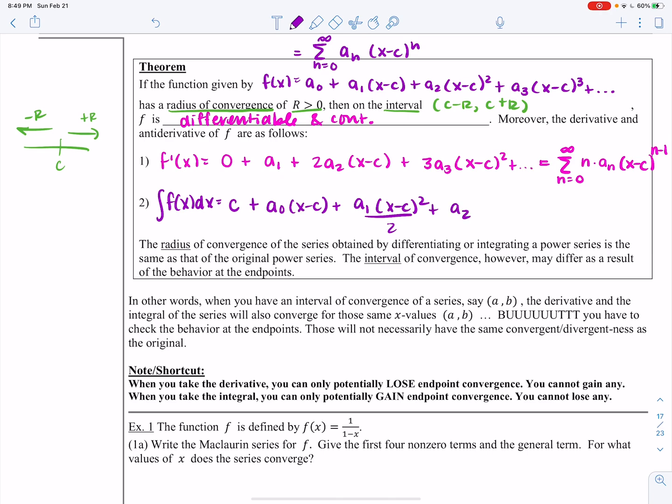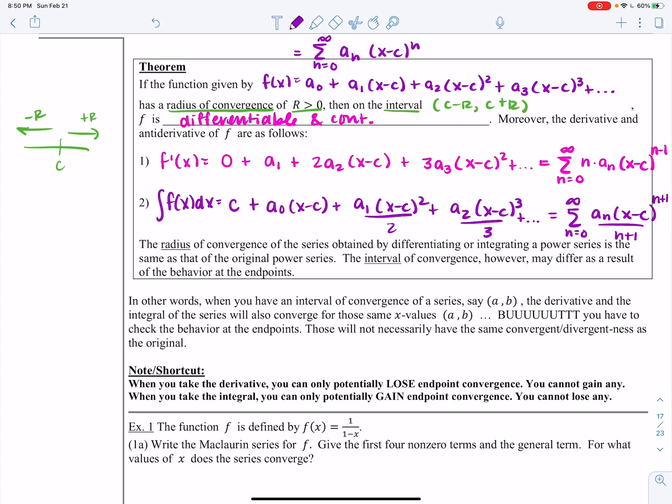And a2 times x minus c cubed over 3 plus dot, dot, dot. And I can say that the series is from n equals 0 to infinity of a sub n x minus c to the n plus 1 over n plus 1.